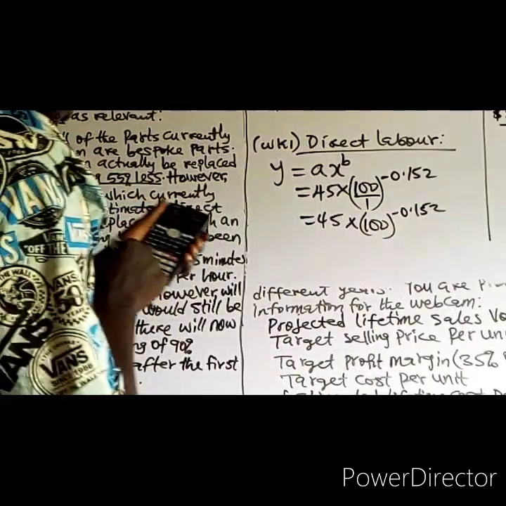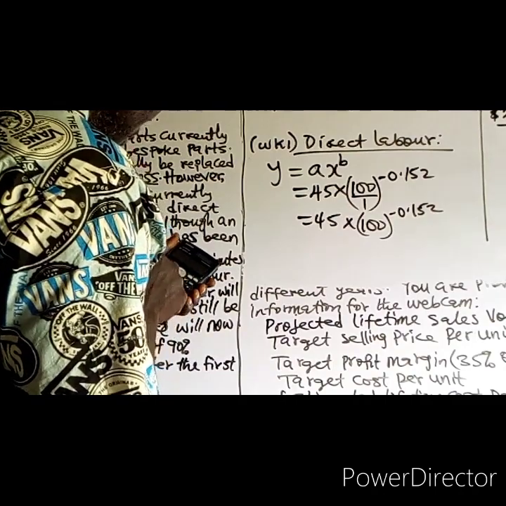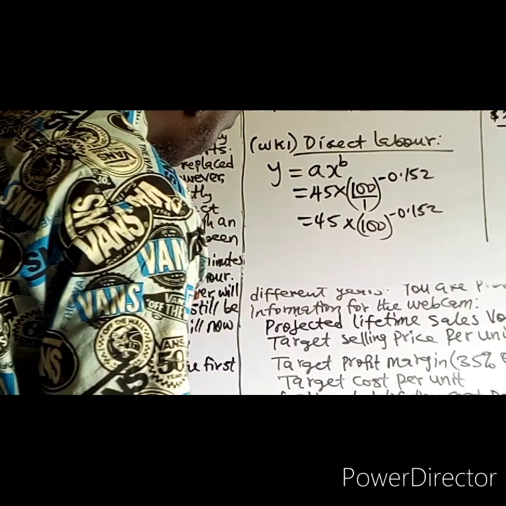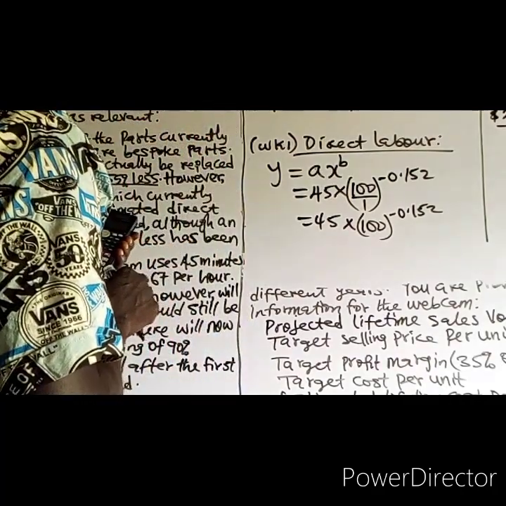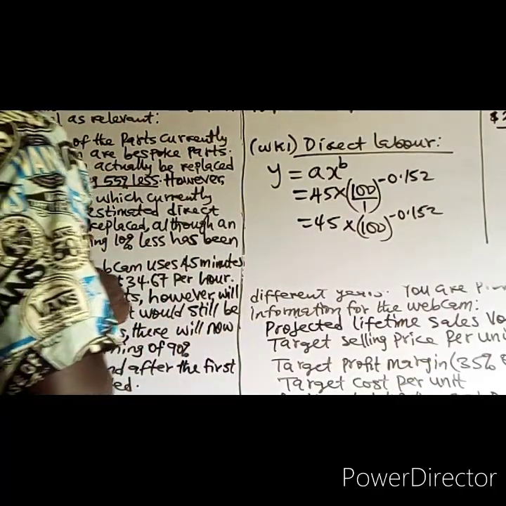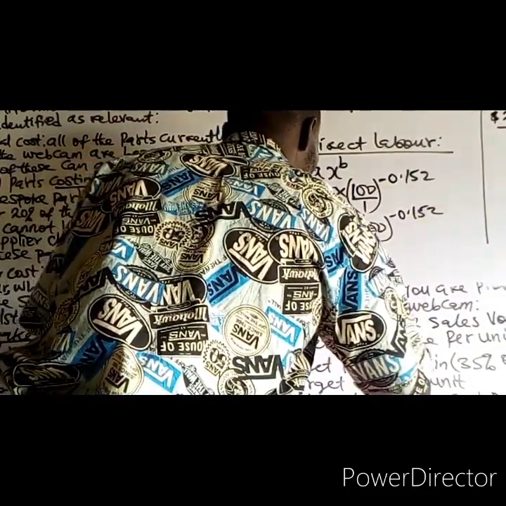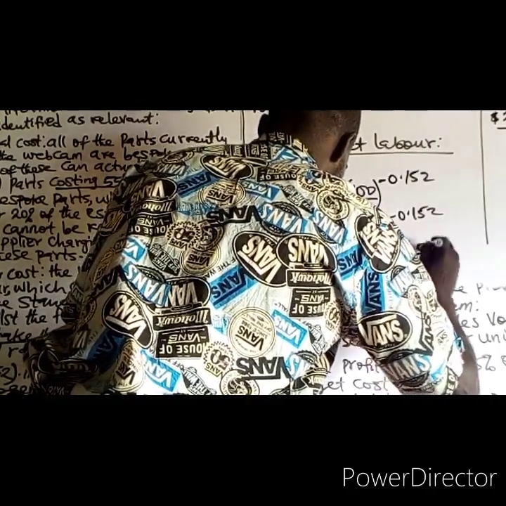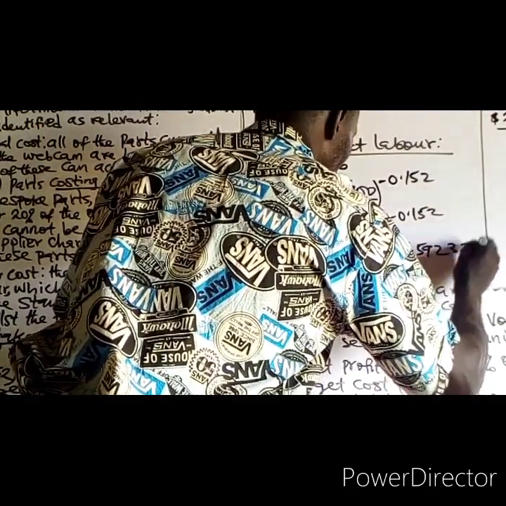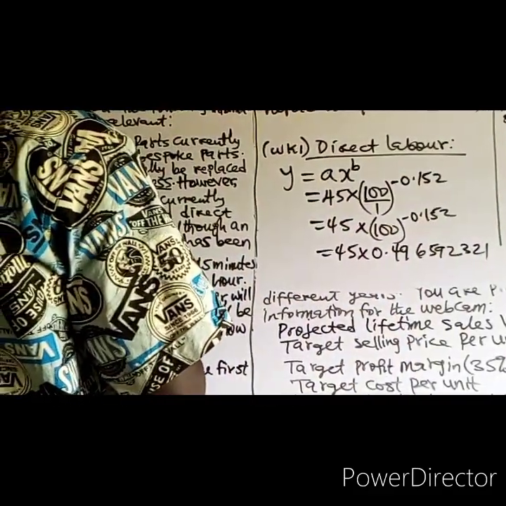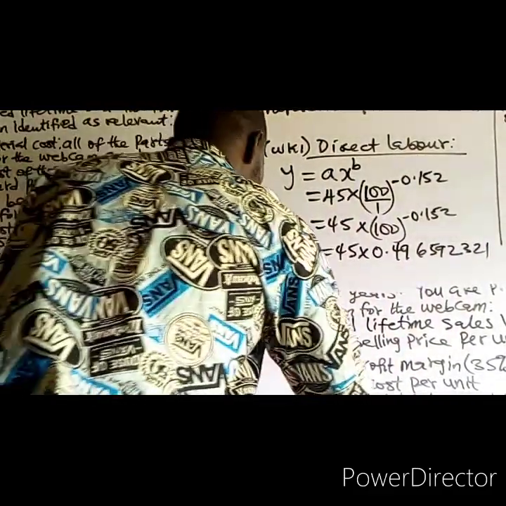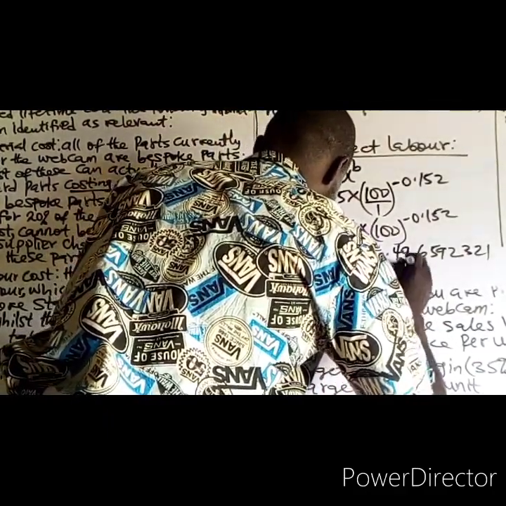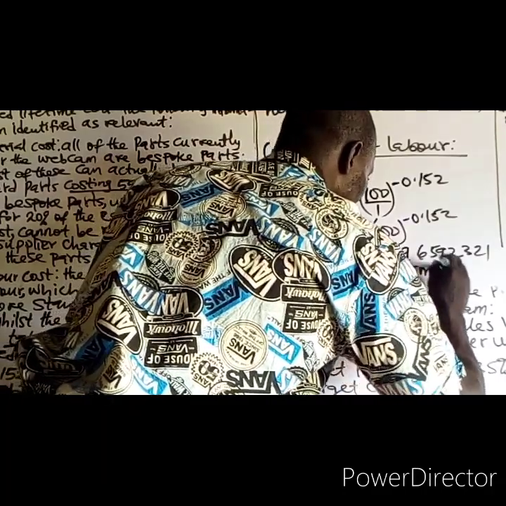If you press your calculator, 100 exponential minus 0.152 gives us 0.4965922321. If you multiply that by 45, then y equals 22.34665 minutes.